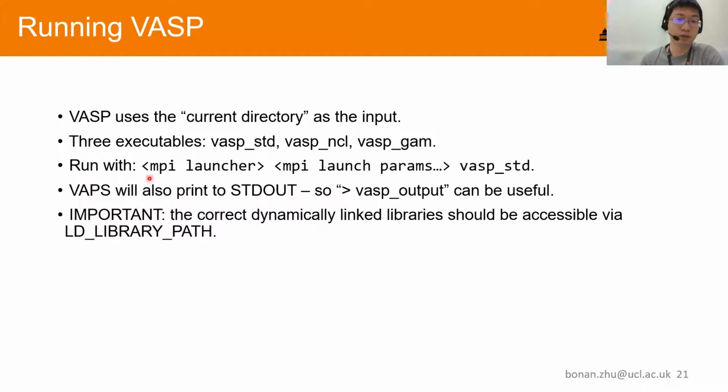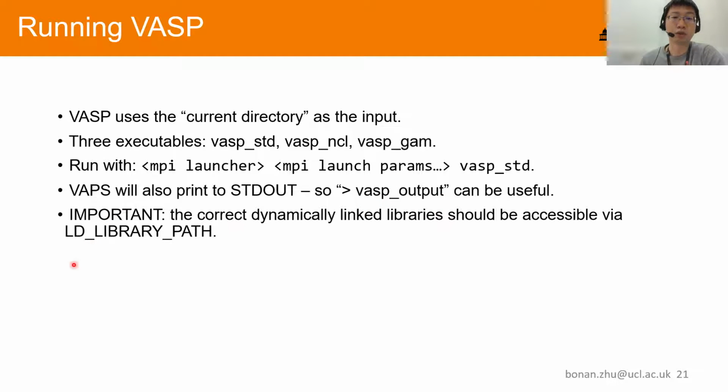But in reality, we're going to run VASP in parallel using some kind of MPI launcher. So usually you type an MPI launcher with some parameters, followed by vasp_std. VASP will print logging information to standard out, so usually people also divert the standard out to a specific file.